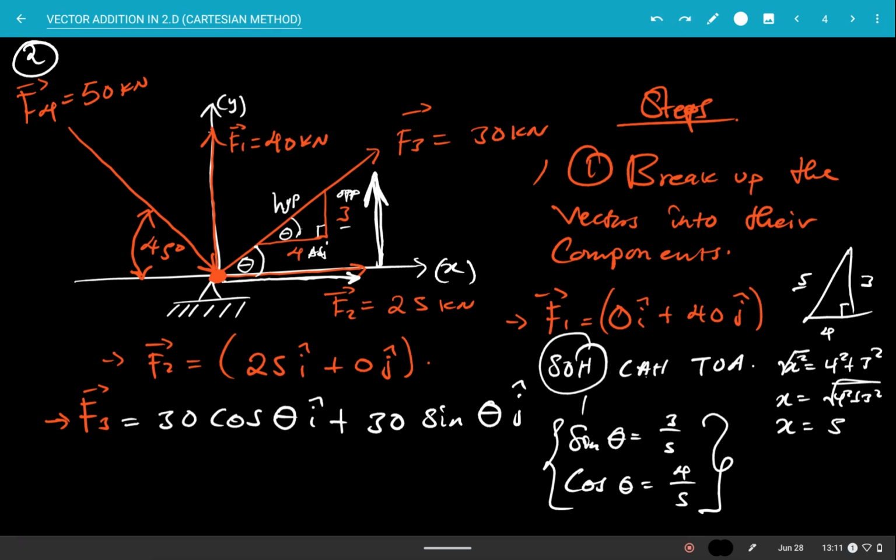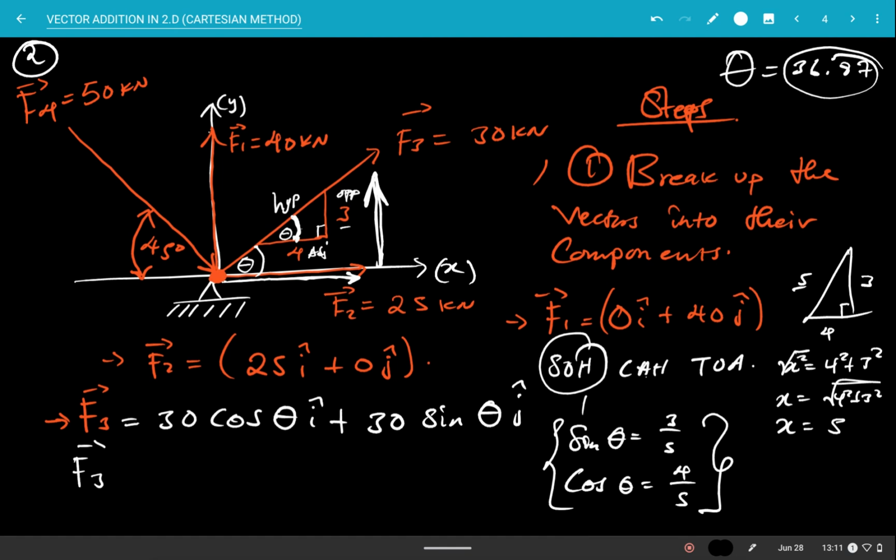But if you want, you can always find the angle theta. If you do some math in your own free time, you'll find that theta is equivalent to 36.87. So if you resolve, you do cos 36.87 times 30, you'd find the same answer as doing exactly what we're doing.